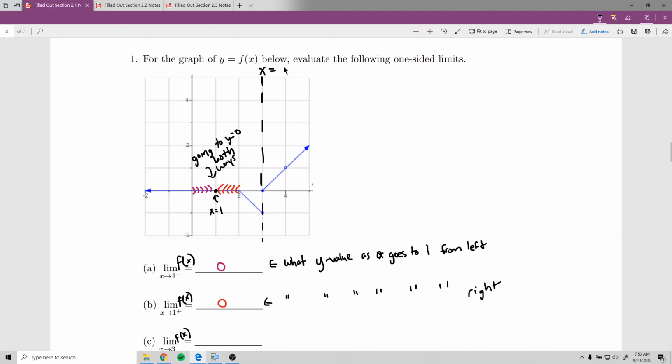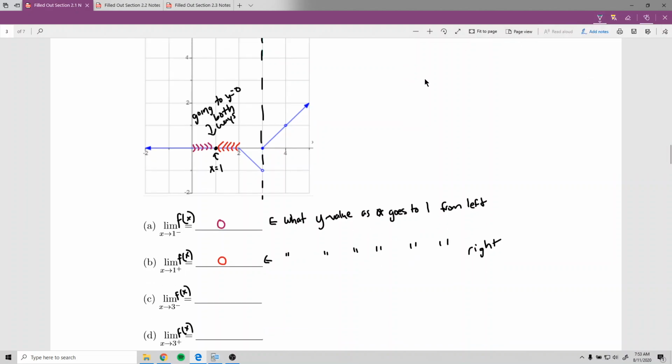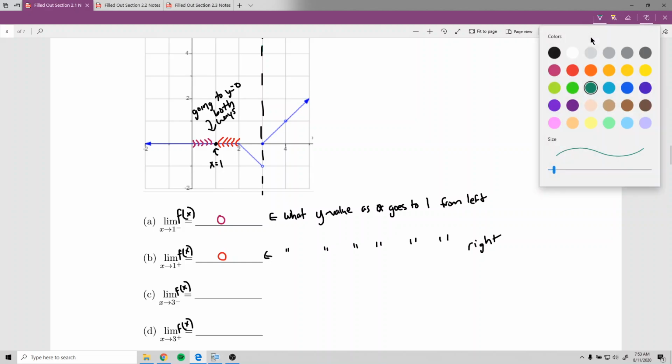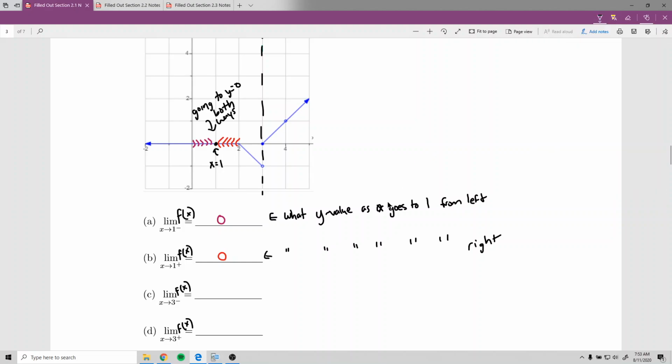The dashed line is just something I'm drawing and it's not actually there on the graph. Parts C and D are asking what y value we go towards as x goes to 3 from the left and from the right.